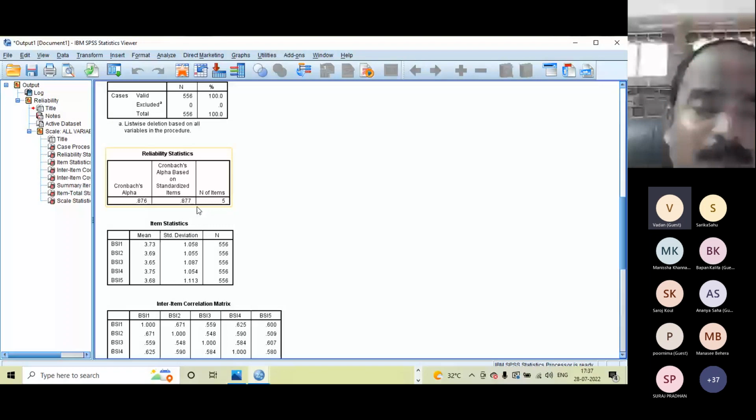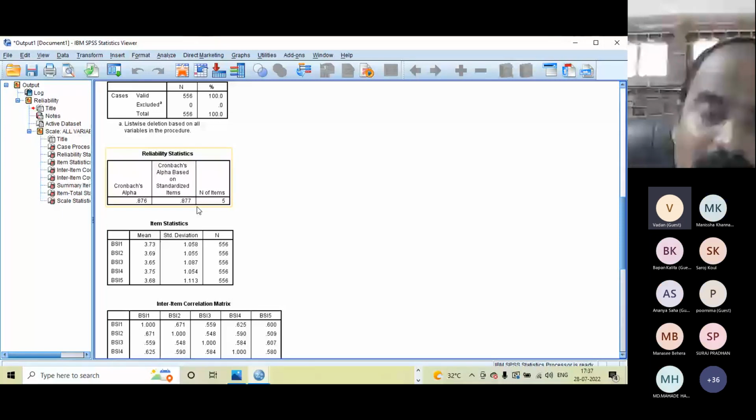Likewise, take BSI 6 to BSI 10 for F2 separately, BSI 11 to BSI 14, four variables, separately for F3, and BSI 15 to BSI 18 separately for F4. Take these values only to your table.